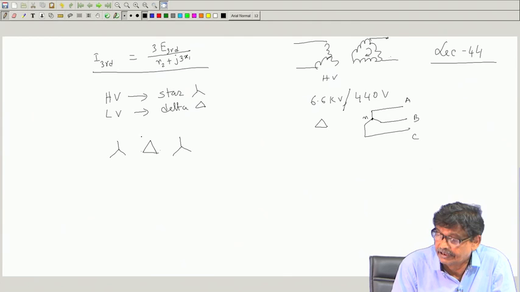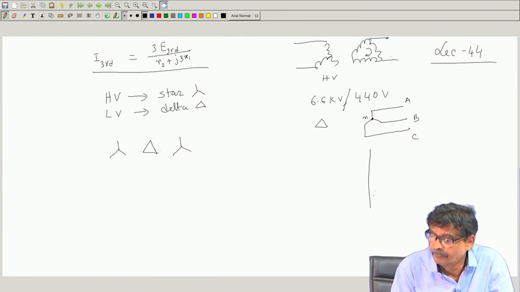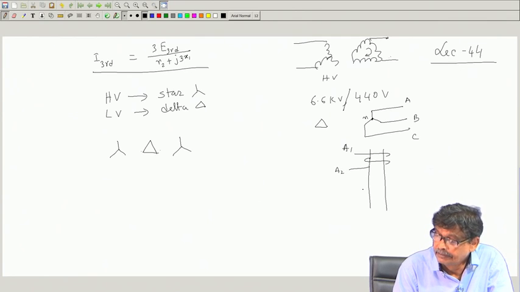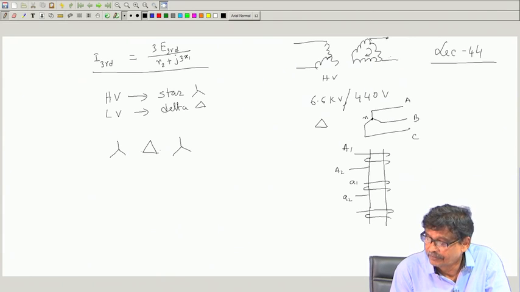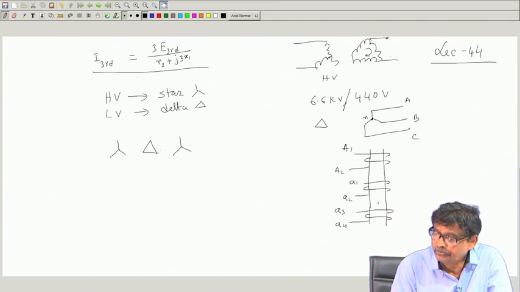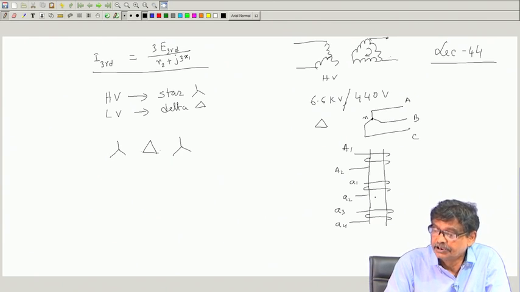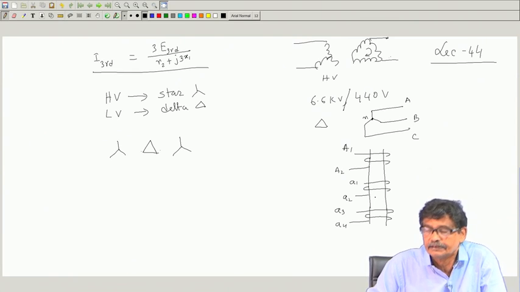Therefore, for each phase, if I draw the limb of, say, A phase, it will be like this: A1, A2, and then small a1, a2, and another A3, A4. Two separate secondaries are there for each primary, similarly for B phase and C phase.